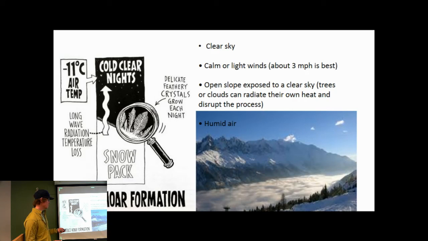Because there's more humidity right around the valley clouds, with the clear sky above, that humidity source is basically at the very precise elevation band where you're going to find the biggest, well-formed surface hoar. So sometimes surface hoar is not all over the place, it's just in one place, which makes things a little more complicated for forecasting avalanches.